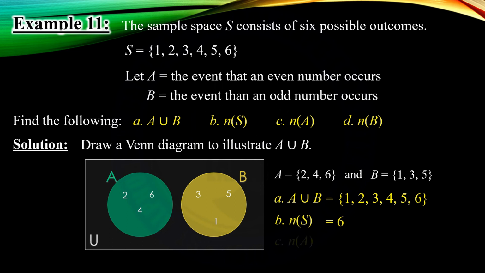The cardinality of set A is equal to 3 because there are 3 possible outcomes in set A, which are 2, 4, and 6. The cardinality of set B is equal to 3 because there are 3 possible outcomes in set B, which are 1, 3, and 5.